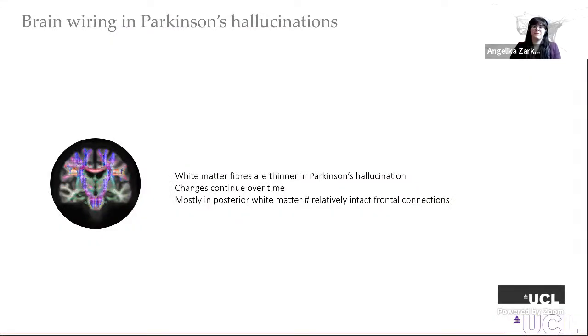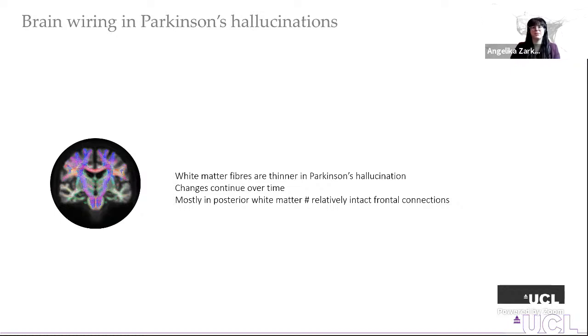So white matter fibers are thinner in people with Parkinson's with hallucinations compared to people without hallucinations. And this is correlated with the severity of the hallucinations in this population. And changes continue over time with more fibers becoming thinner. And we showed that these changes were mostly in the back of the brain, and the more frontal connections were actually relatively unaffected.